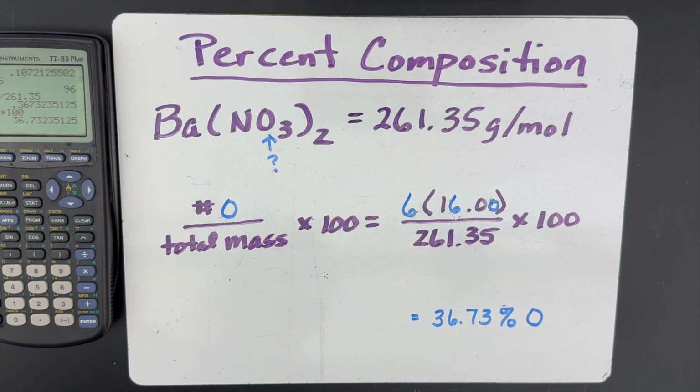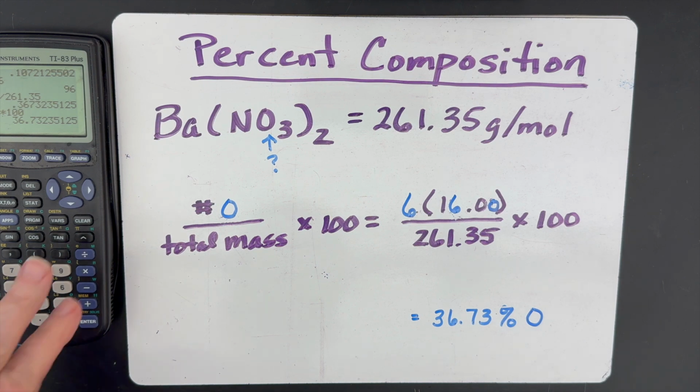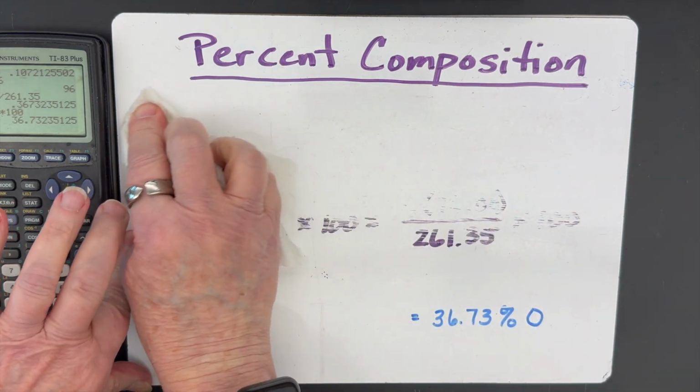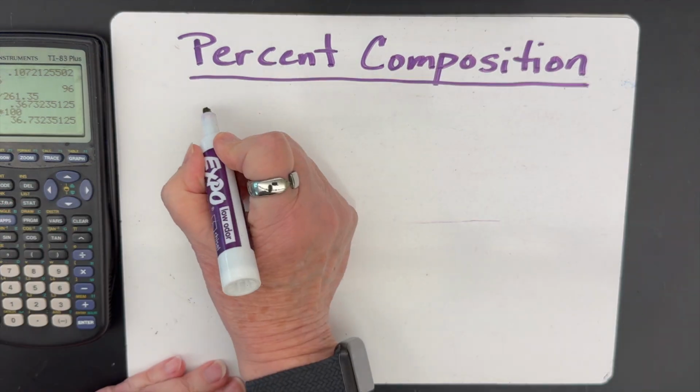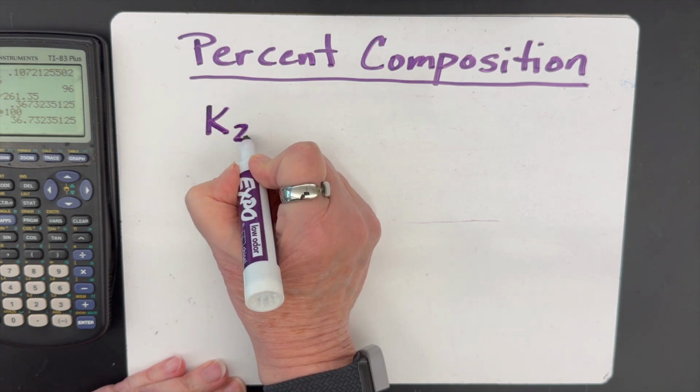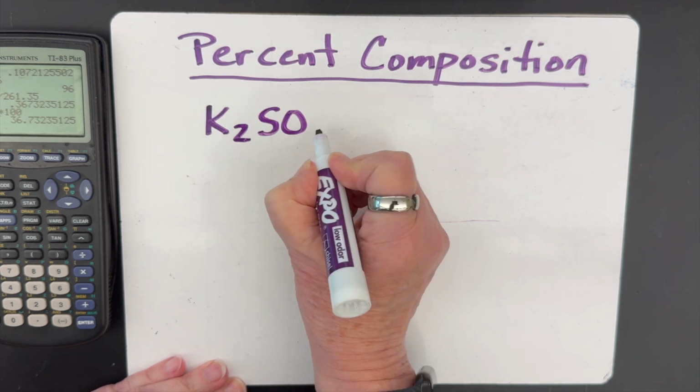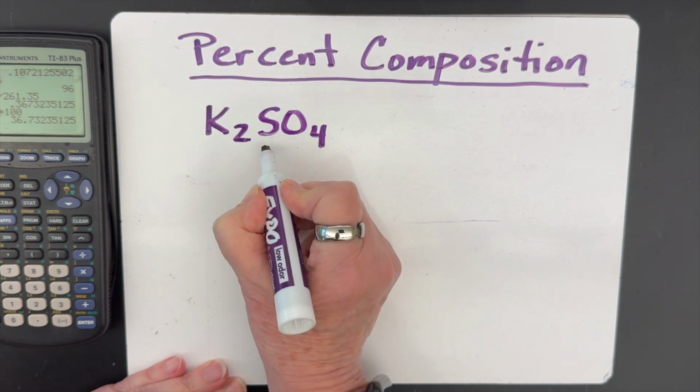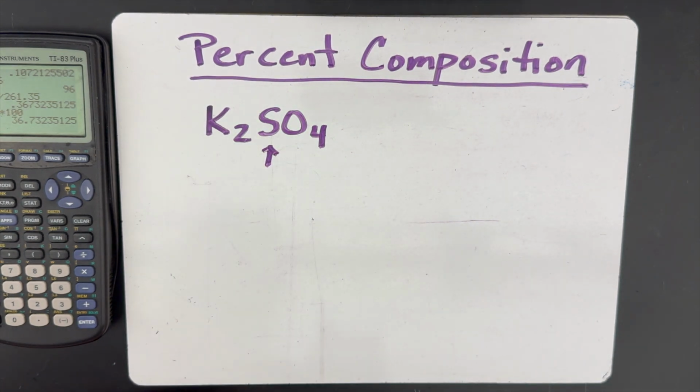I'm going to do one or two more. You may want to pause the video, work them out, and see if you get the same answer. Let's start with a new compound, K2SO4. And let's say we are asked for the percent composition of sulfur in potassium sulfate.